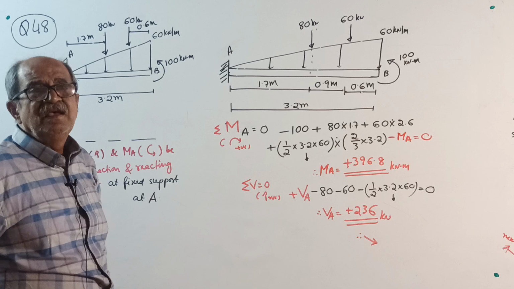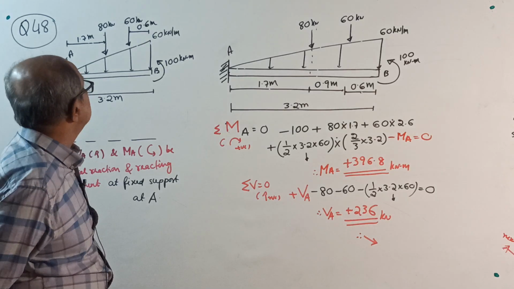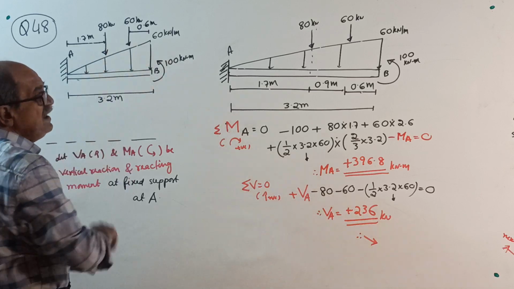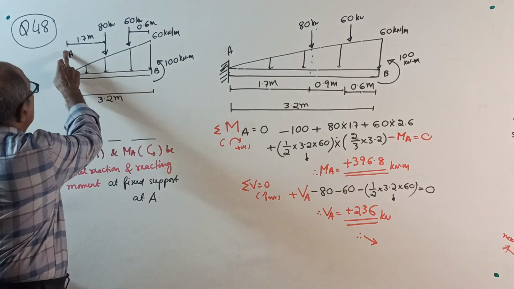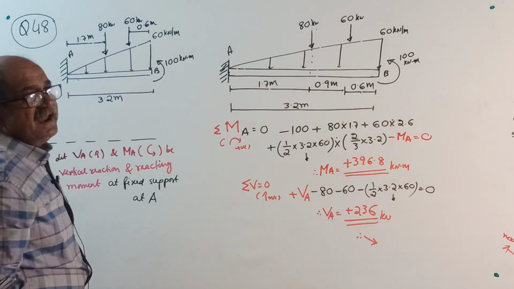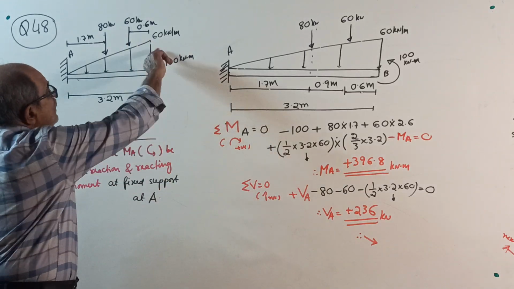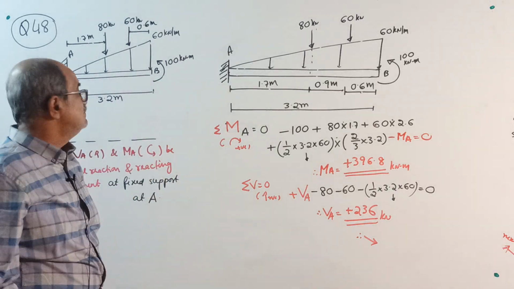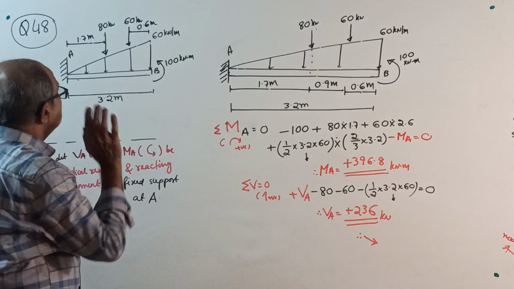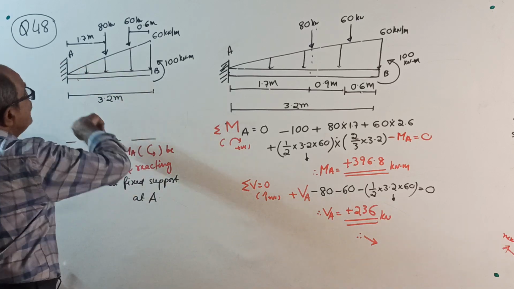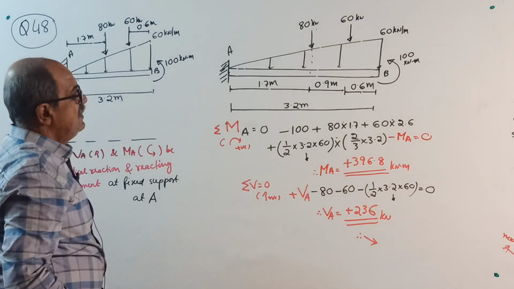Or you can say 0 at the fixed end and maximum at the free end. 2 point loads, 80 and 60, at 1.7 from the fixed end, left end, and 0.6 from the right or free end. And an anti-clockwise couple of 100 kN meter at the right end, that is the free end. Find support reactions. Let VA upwards, MA anti-clockwise as usual.